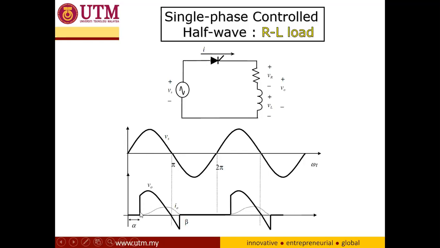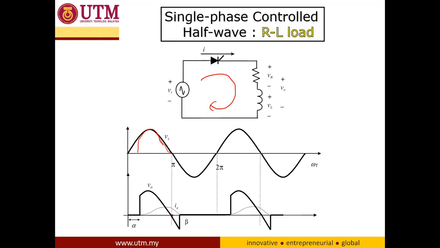When a triggering signal is given at alpha, for a very short period of time, the SCR turns on and the current flows, charging this inductor. And the voltage, as you can see, follows the shape of the input voltage.